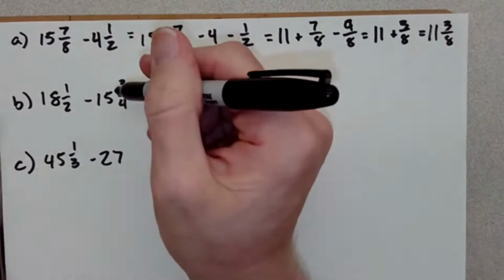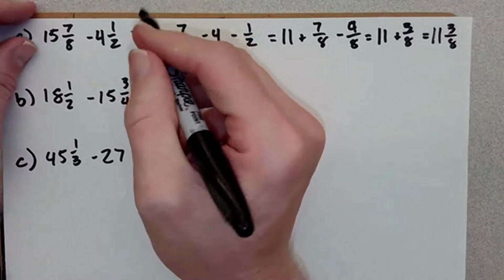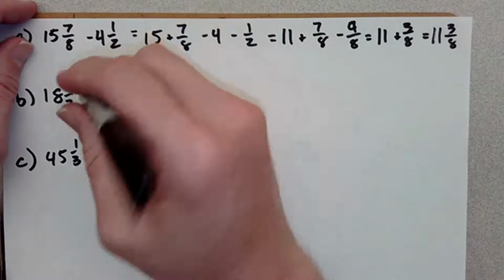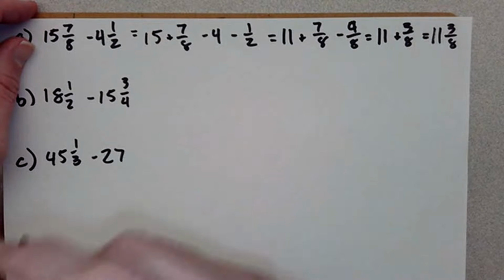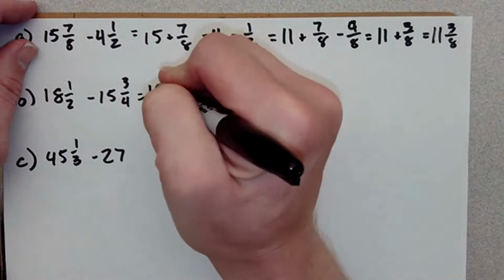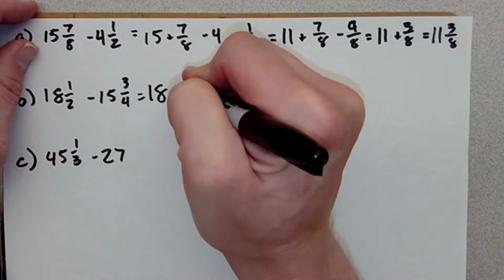Next, 18 1/2 minus 15 3/4. This is a little more complicated, and that's because 3/4 is bigger than 1/2. So I'm going to break this up again, but I'm going to change it a little bit. I've got my 18 plus 1/2.